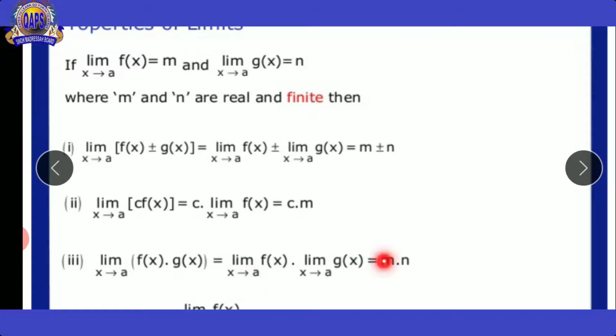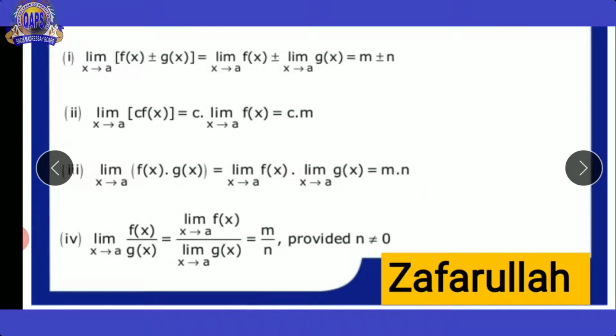Then this function is equal to m, and this function is equal to n, in the sense of this multiplication form.